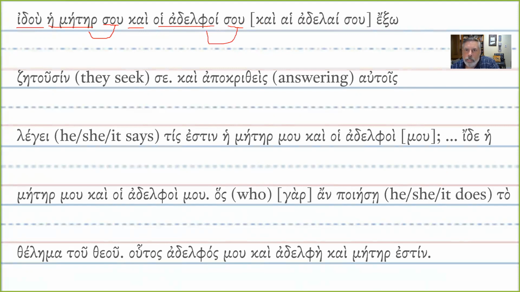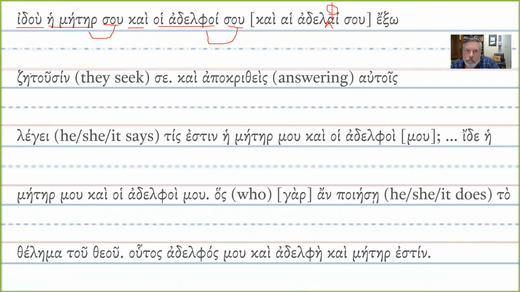And edu he pater su kai hoi eldelphoi su kai hai eldelpha edela. Is that right? Edela? Yeah, I think I'm missing the theta here. I think I misspelled that. That's supposed to have that theta right there. Kai hai adelphi su, yeah, I'm positive.